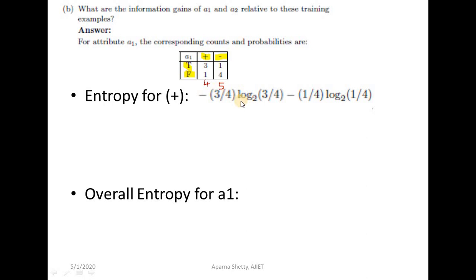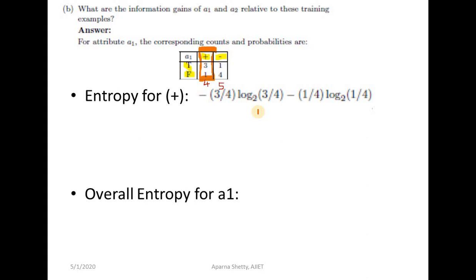So entropy for positive class is given by the formula minus 3 by 4 log to the base 2 3 by 4, minus 1 by 4 log to the base 2 1 by 4.